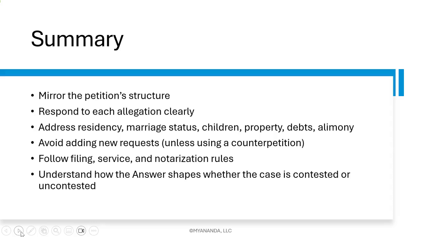And then follow the filing by watching your workflow. You'll file it, and then you need to follow up on service, and you need to make sure that you're acknowledging any rules to notarize a document. Just know that the way the answer is drafted is going to shape whether the case is contested or uncontested.